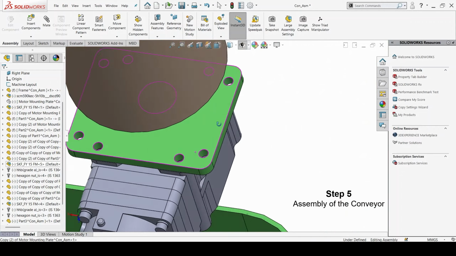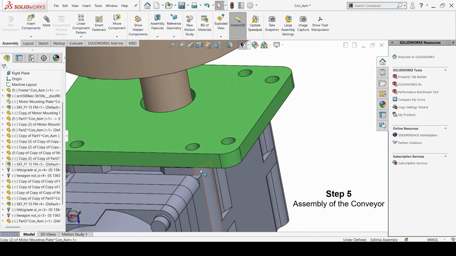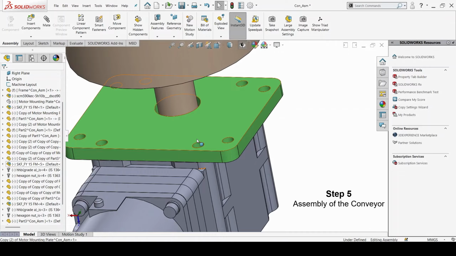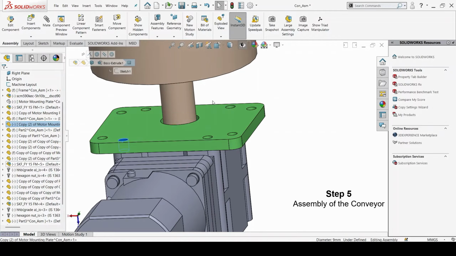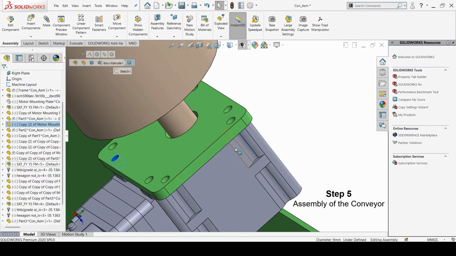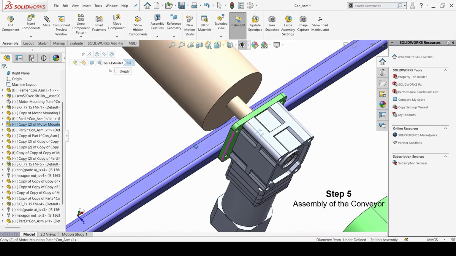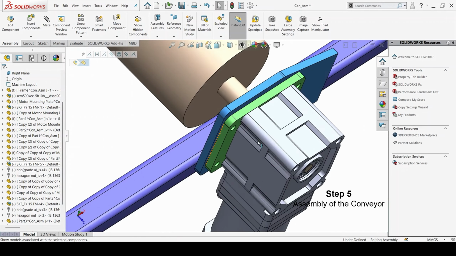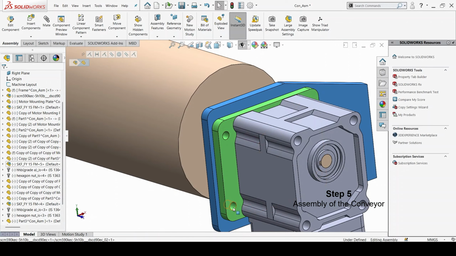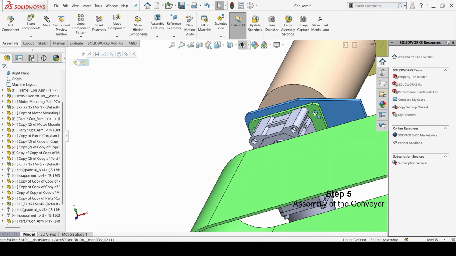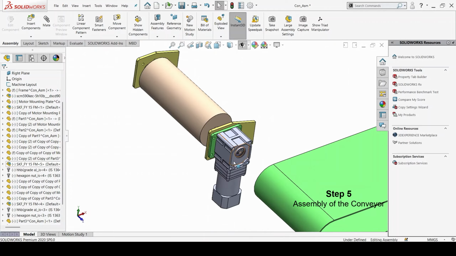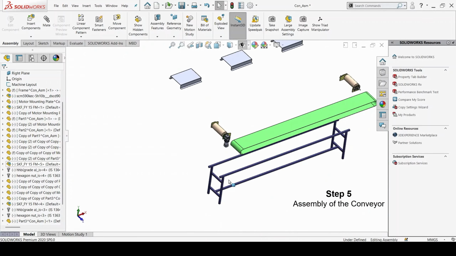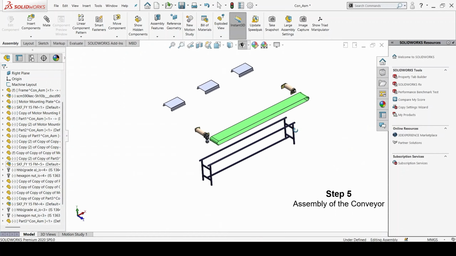This plate will be fixed on the motor flange with the help of these four bolts, and once this fixes the motor, the complete assembly will be mounted on this motor mounting plate using these four bolts. So this completes the motor mounting and also the assembly of the conveyor system.